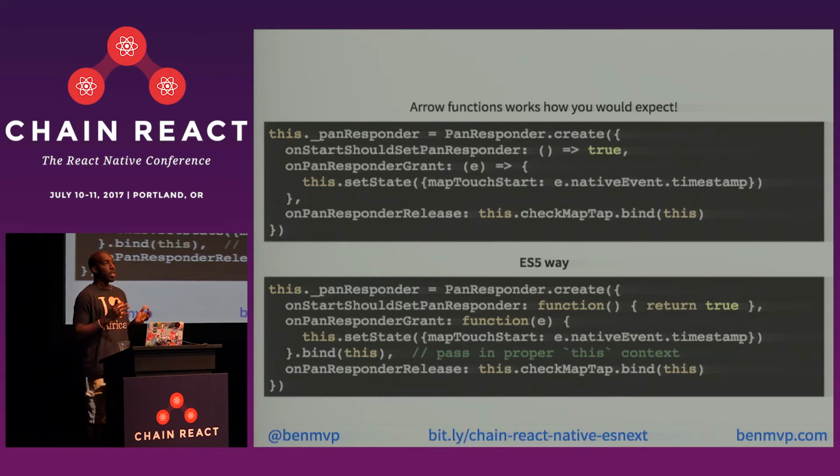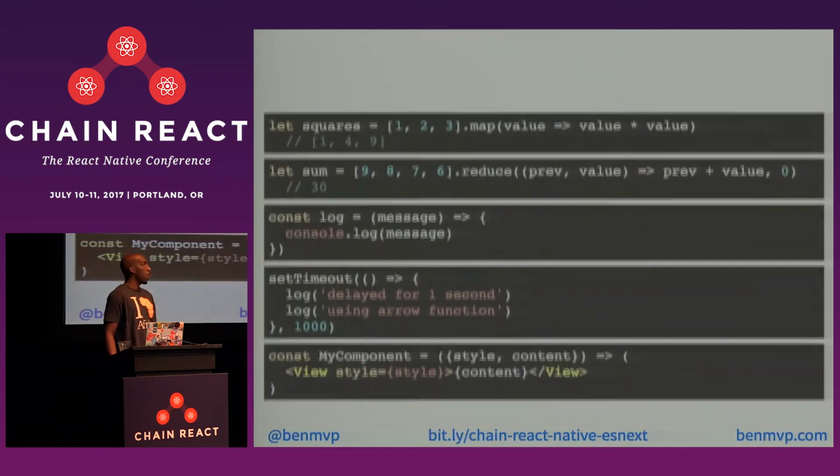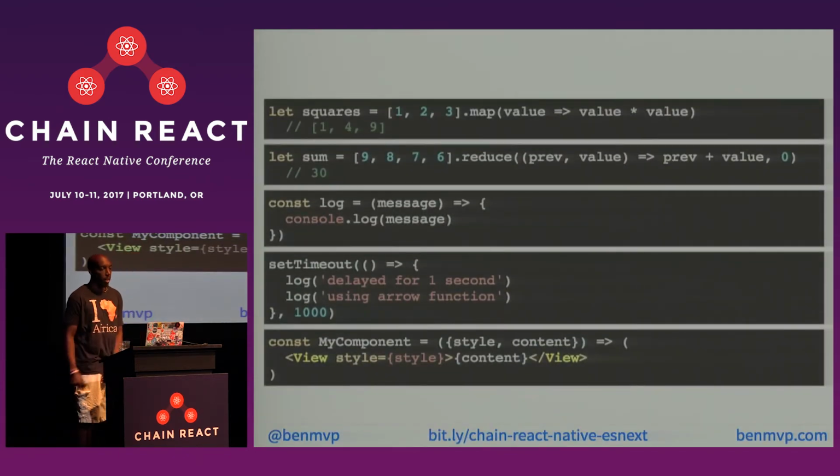So an arrow function is literally like an arrow. It has this fat arrow, the equal sign and the greater sign, in between the parameters on the left and the function body on the right. And it can come in a lot of different forms, as you can see here. So if you have a single parameter, you can actually omit the parentheses around that parameter. But if you have no parameters, or if you have multiple parameters, then you have to have the parentheses around it.